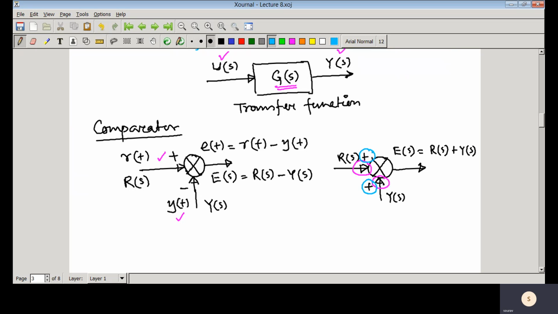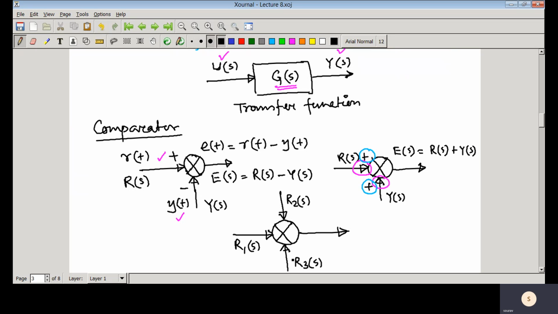These two things are important, and also you can take more than one or two signals. Like if you have a comparator like this, and here suppose three signals are entering, R1(s) and here R2(s), and suppose this is R3(s).